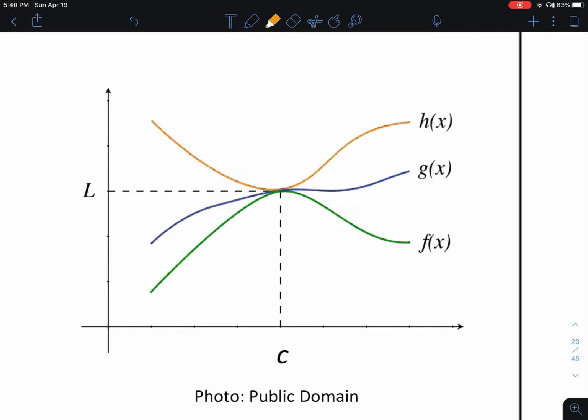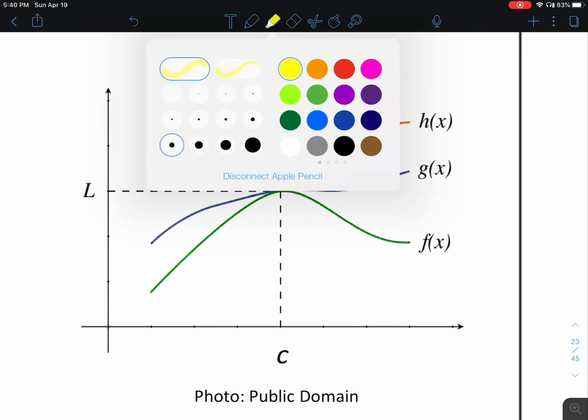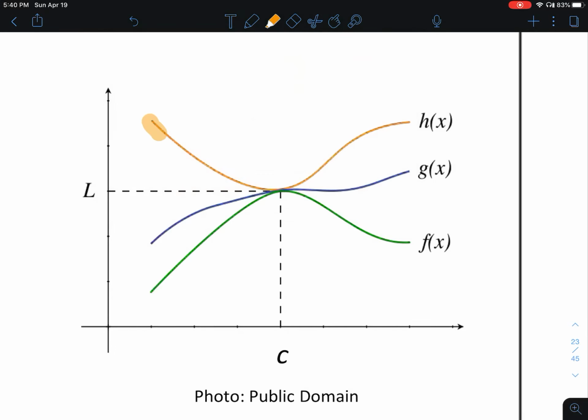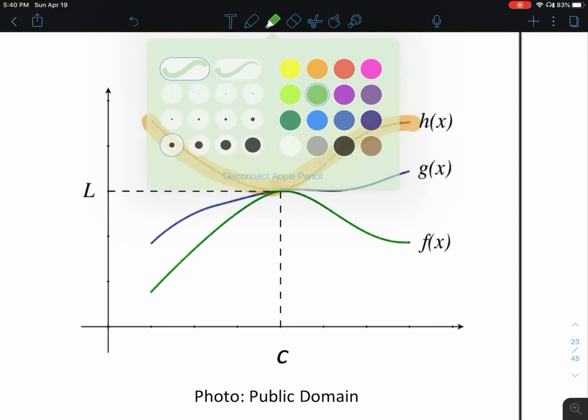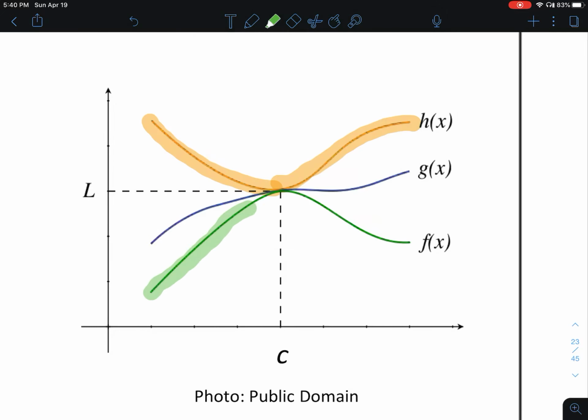If we look at h, we know that the limit as we approach c is L. And then if we look at f, we know that the limit as we approach c from both sides is still L. If there's this function kind of in between, we then know that the limit of g is going to be the same. And that's what squeeze theorem says.